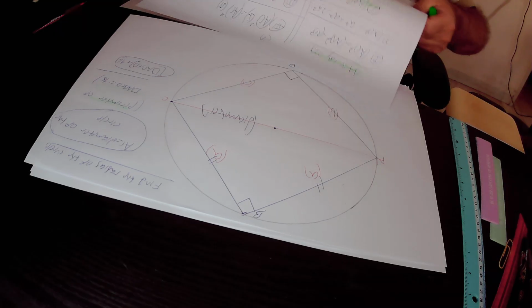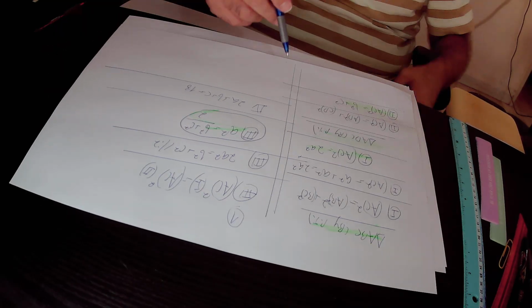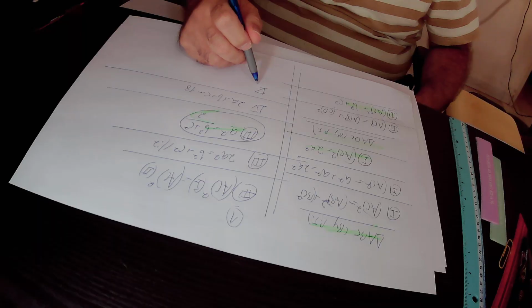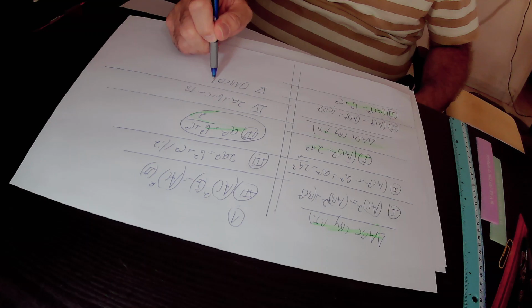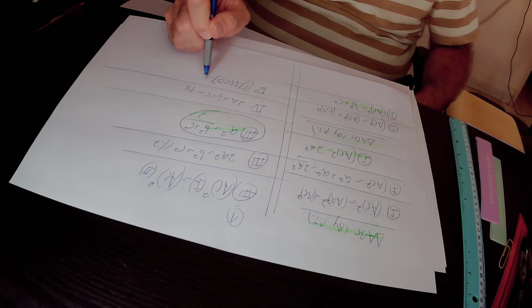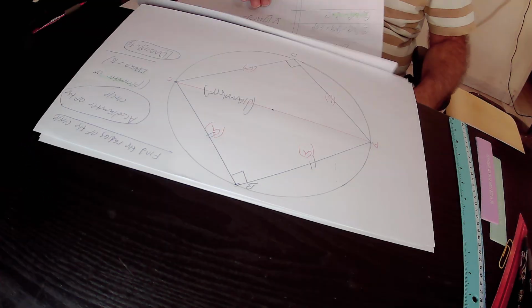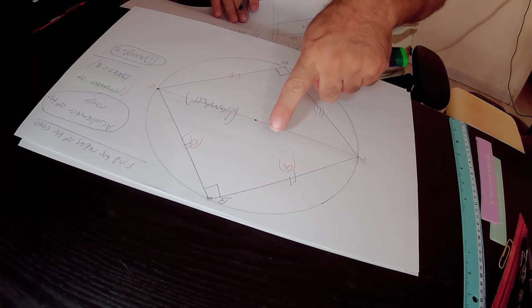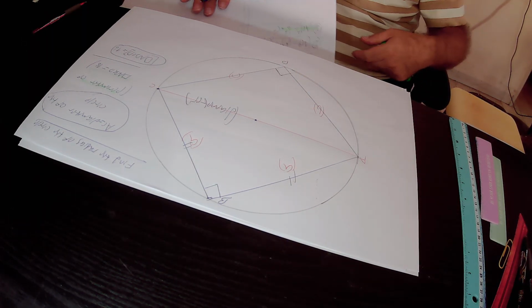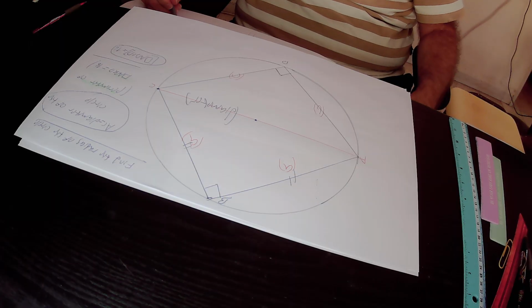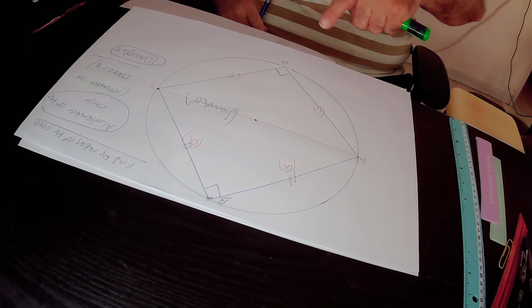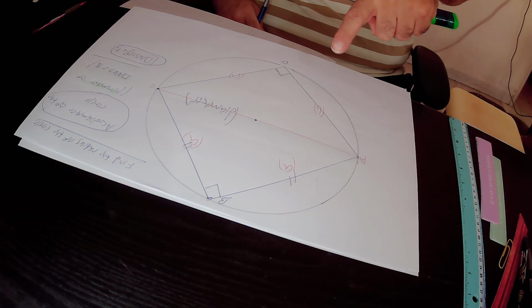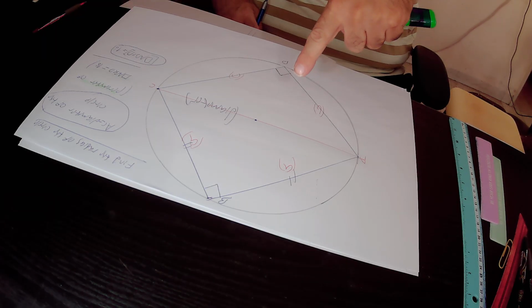So the area of quadrilateral ABCD in total must be equal to the area of the first shape it consists of, the area of this right triangle ABC, plus the area of the second shape, the area of this right triangle ADC.